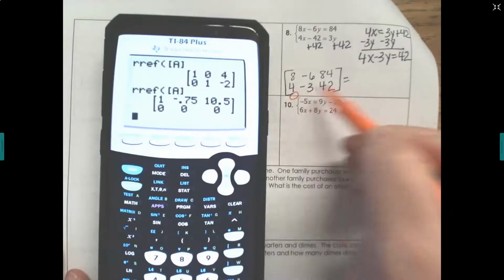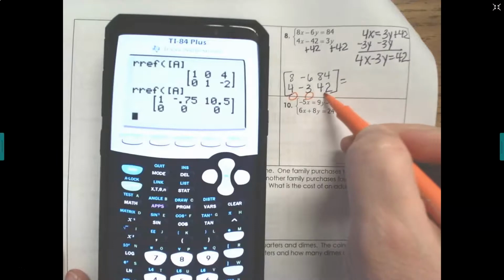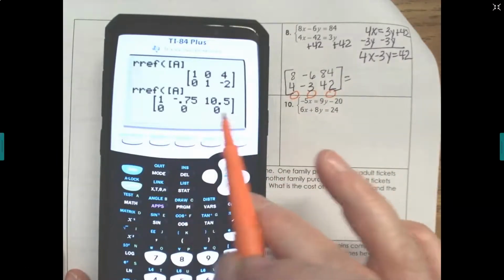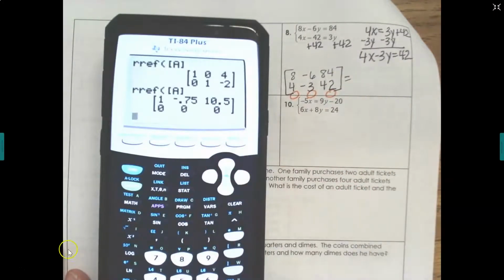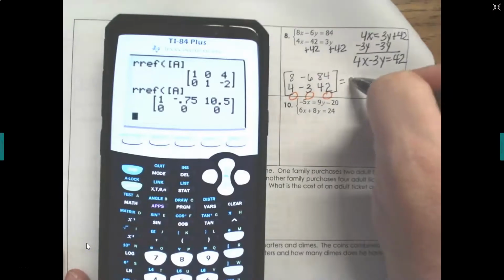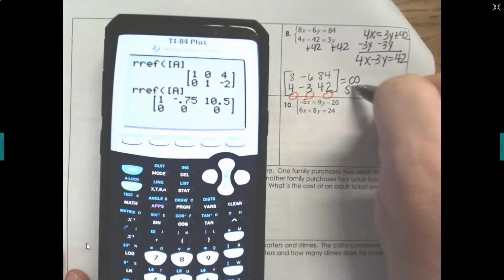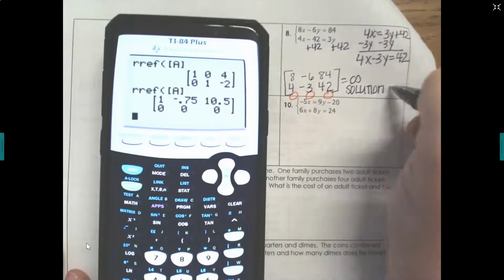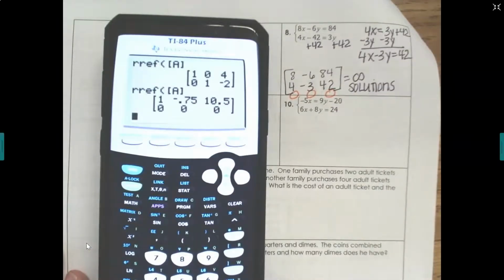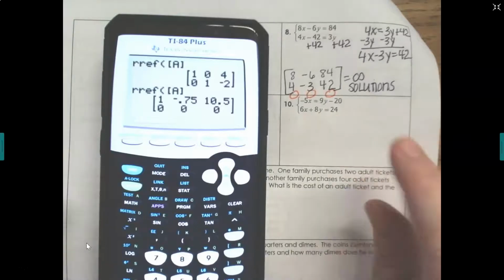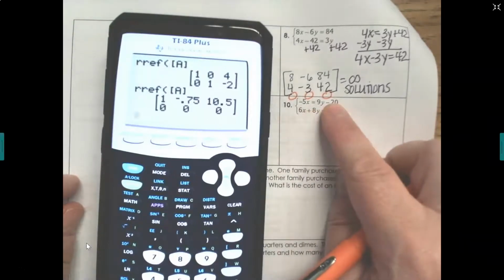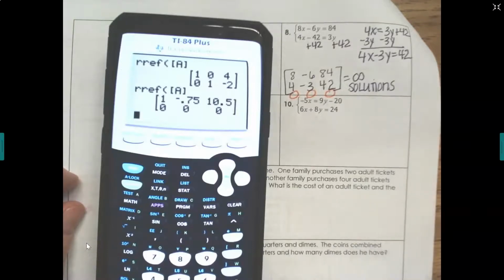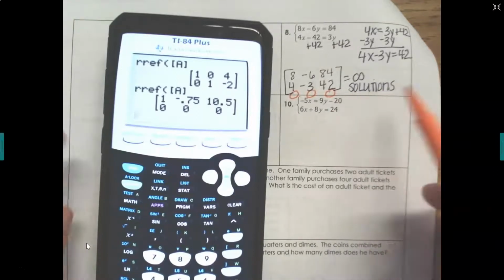If your bottom row is 0, 0, 0, as we have right here, that means we're going to have infinite solutions. So what the bottom row is really saying to you here is 0 plus 0 equals 0, which is true. Okay, so this one has infinite solutions.